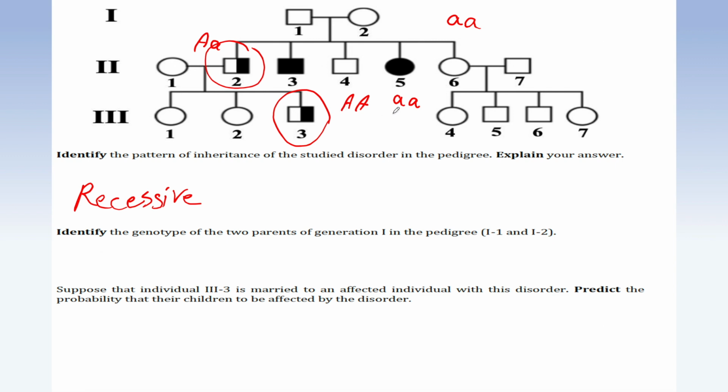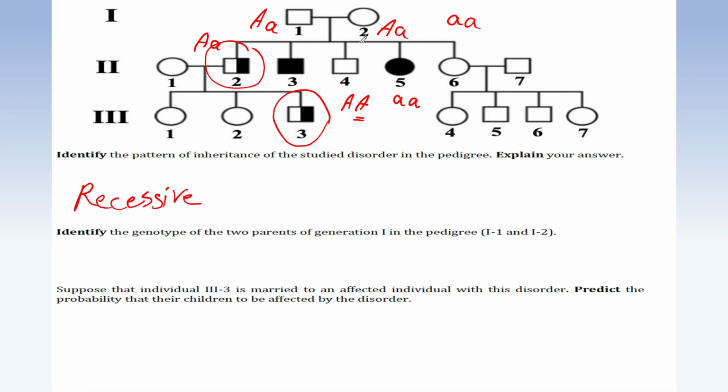Can you see? We have recessive alleles, we have dominant alleles. So they took one from their mom and dad. Once the mom and dad give dominant and recessive, and at the same time they are not affected, directly I will understand that they are both carriers.